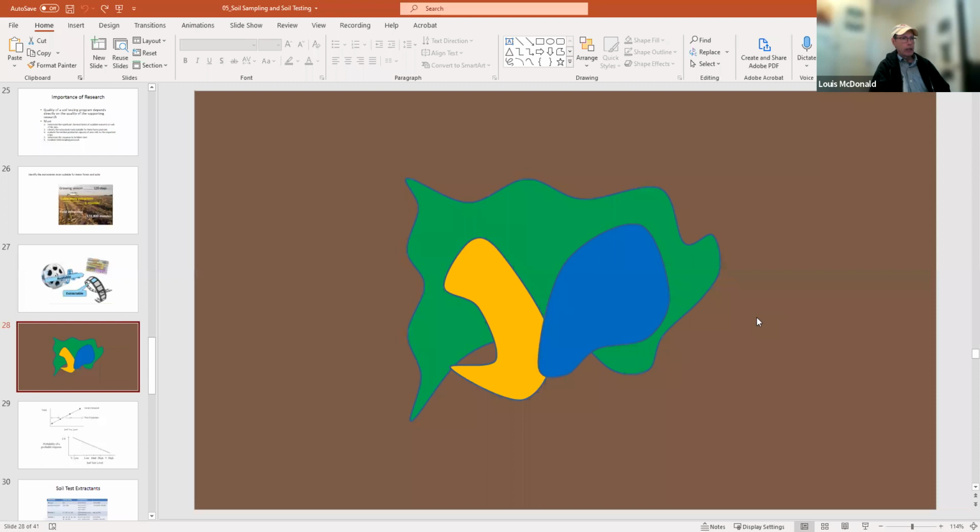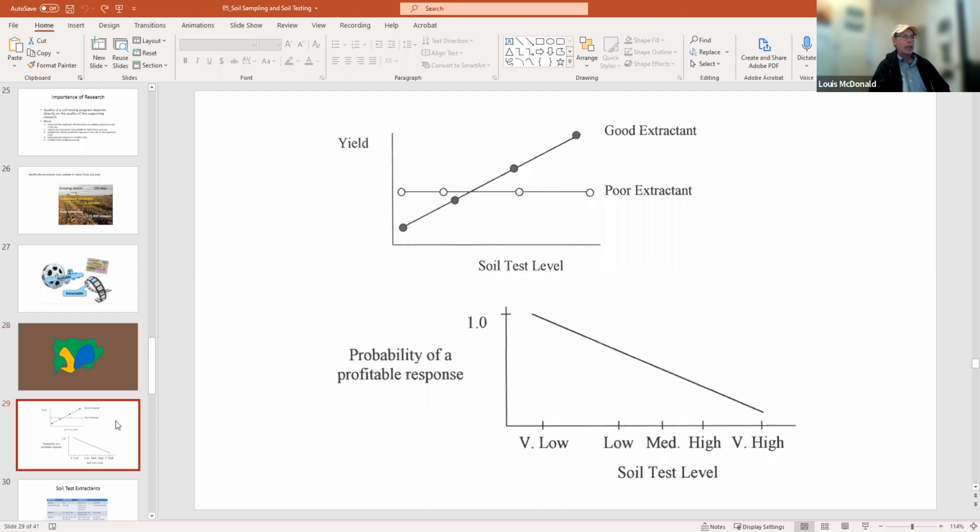And the answer is, you actually don't know. Just looking at this, you might be tempted to say it's extractant green because it's extracting more. But you can't actually know which one is the best until you correlate it with yield, right?